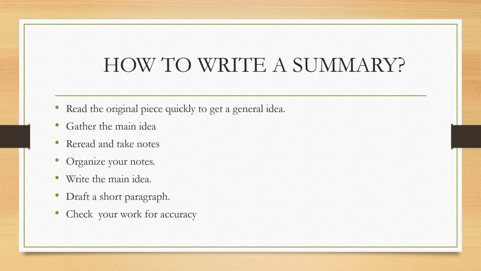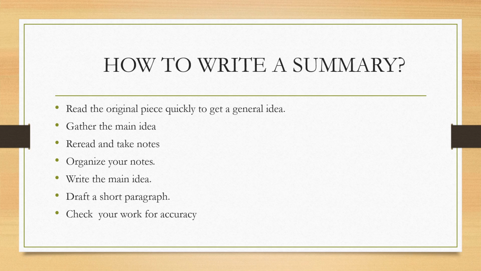Then you have to first of all write the main idea. After, of course, you write the title. Sometimes they don't want a title, but usually you should write a short title, not a complete sentence. You can write just 2 to 3 words, even one word, and it should be interesting. Then you should draft a short paragraph, taking all the points which you have jotted down, and then you should check your work.